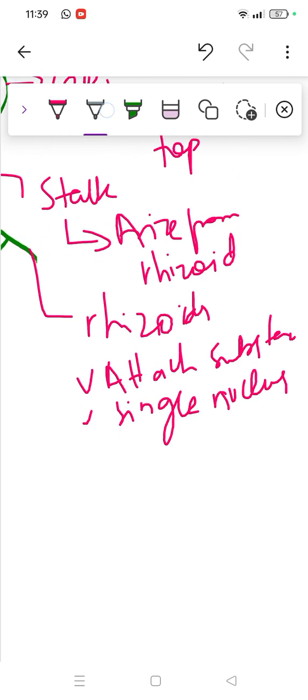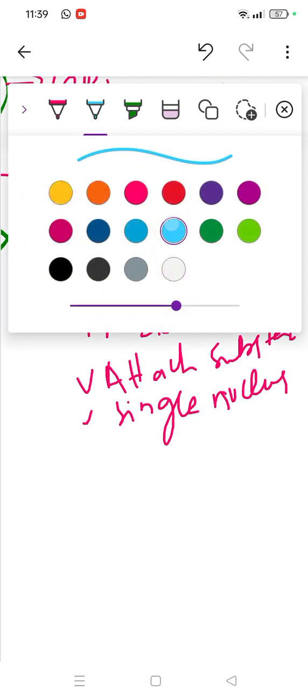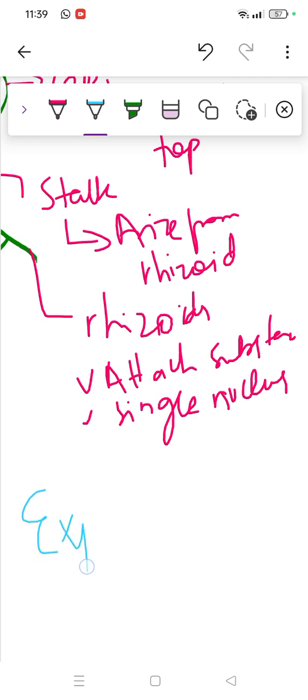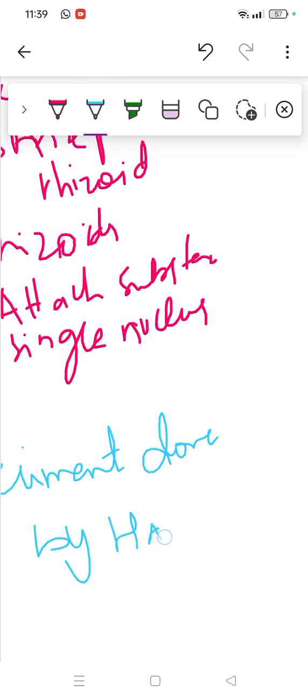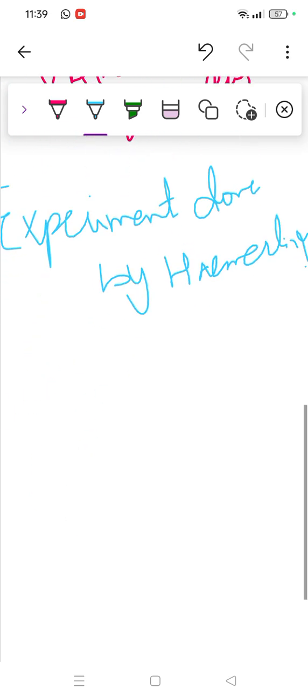So there was an experiment done by Hammerling. So what he introduced was two kinds of divisions.